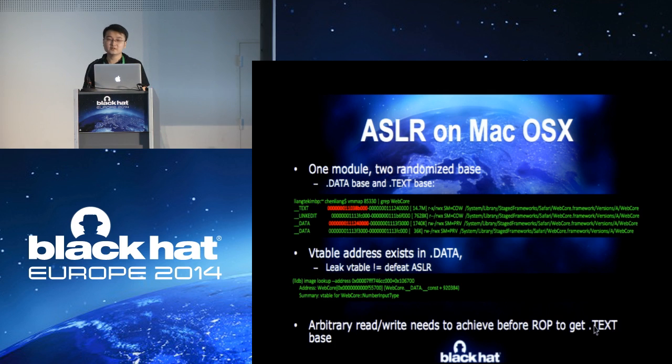However, on Mac OS, the ASLR is much stronger, because each module has two independent bases, one for the data and one for the text. That indicates that if you leak the vtable, it doesn't mean that you defeat ASLR, because you have to leak another base, the text base, so that you can perform a ROP.